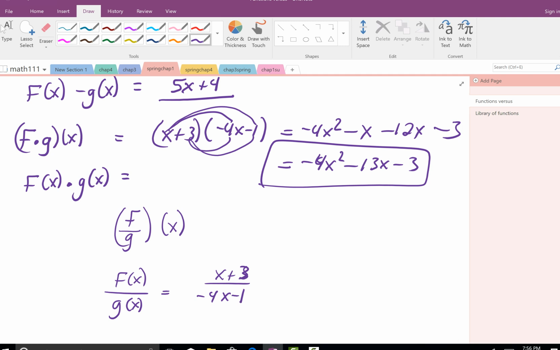You can't do anything with a division. So that's operations on functions right there. And finally, that's the end. That's all there is in section 1.1.